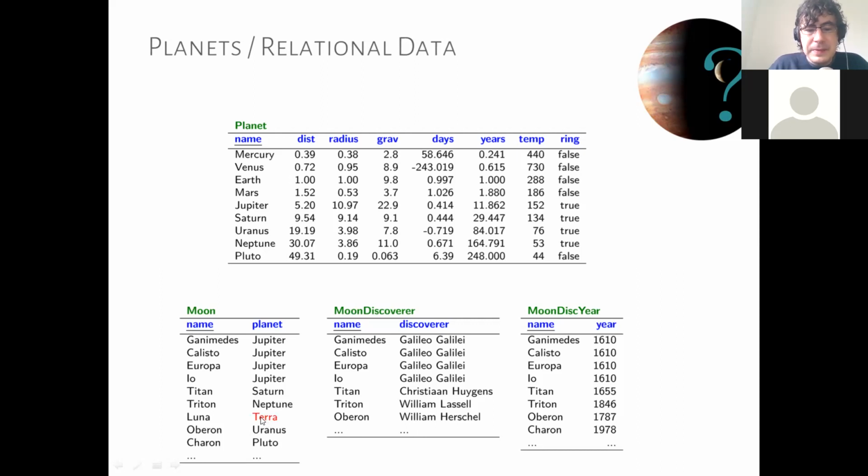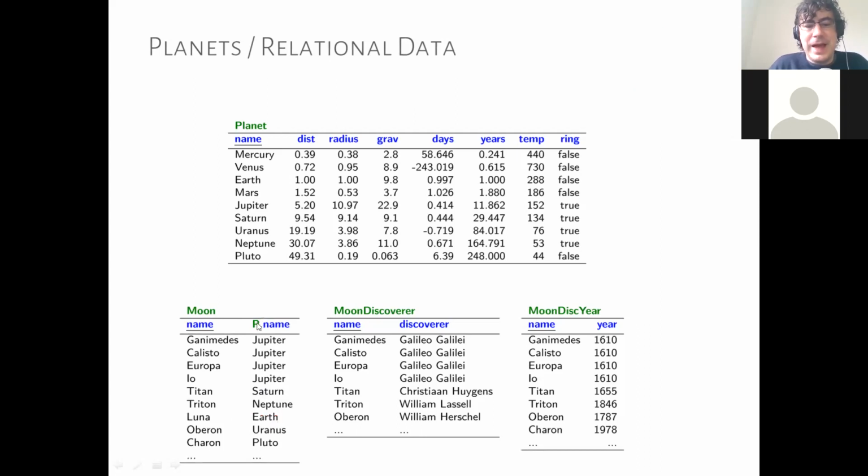So here we have a problem, because we've mentioned the planet is Terra, and here the planet name is Earth. So we have this sort of inconsistency in our data. And in the context of relational databases, how we would solve this is, if we wanted to make sure that all the planets here are really planets according to this table, is define a primary key, a foreign key, sorry.